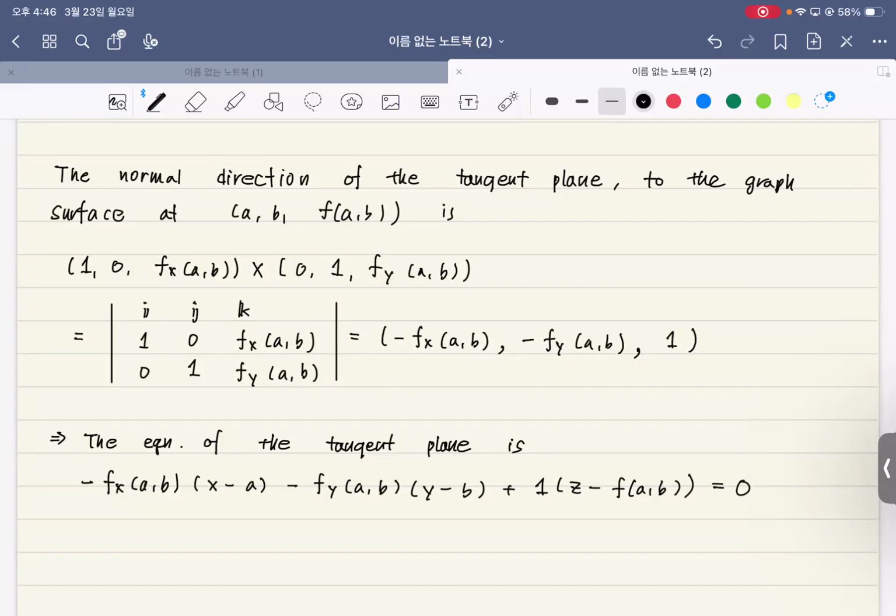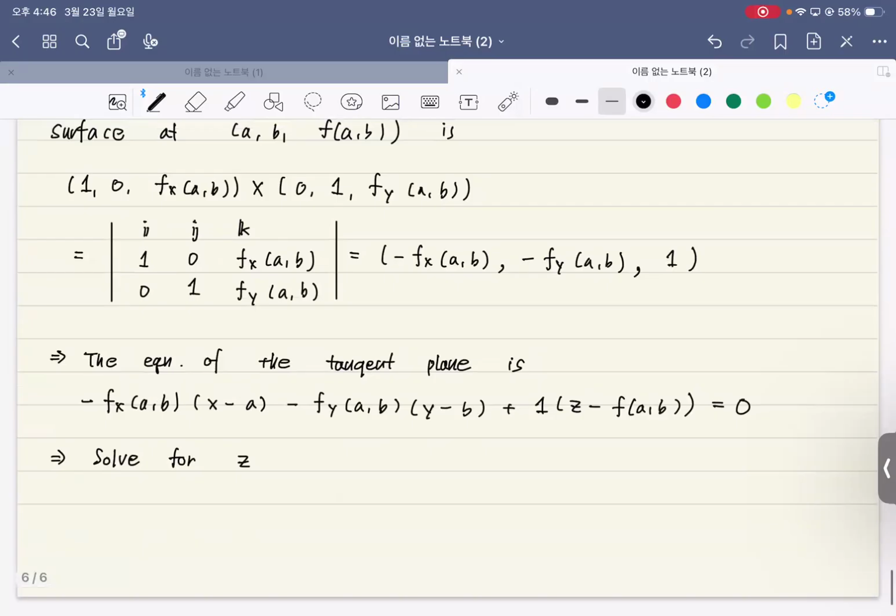Now, I want to solve this equation for the variable z. Then z is f(a, b) plus fx(a, b) times (x minus a) plus fy(a, b) times (y minus b).